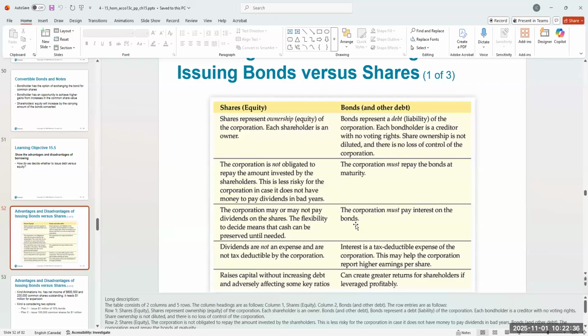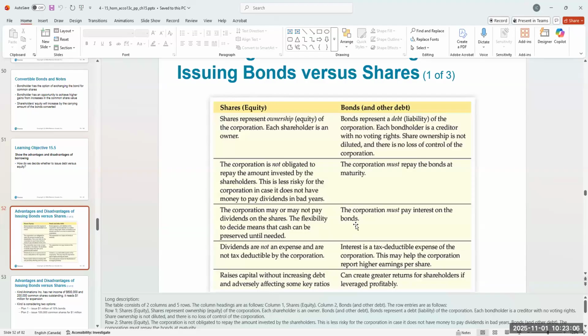In the meantime, over the period of time, am I getting something? Well, if I invest $1 million in shares, which I'm never going to see again, what I may get is, again, may or may not get a dividend. Which means if the corporation decides not to declare a dividend, I may not see a dividend at all.